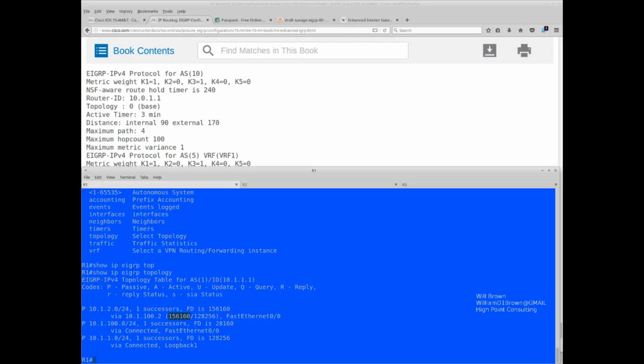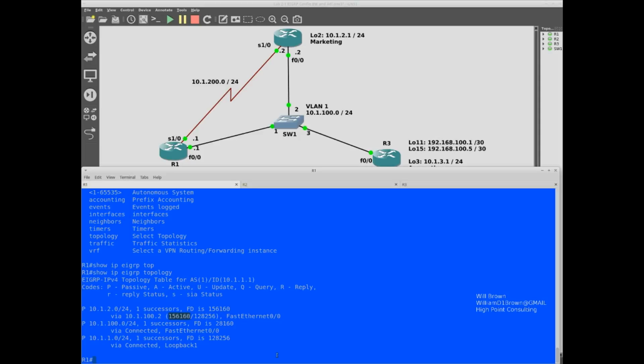So let me bring back the topology, bring back the routers. So we've got, again, three tools here: show IP EIGRP interfaces, show IP EIGRP neighbors, and show IP EIGRP topology.